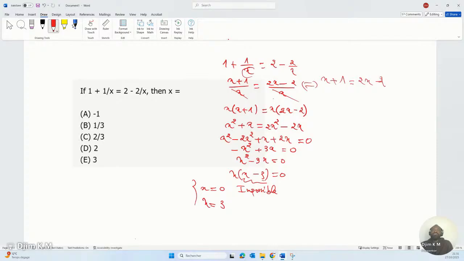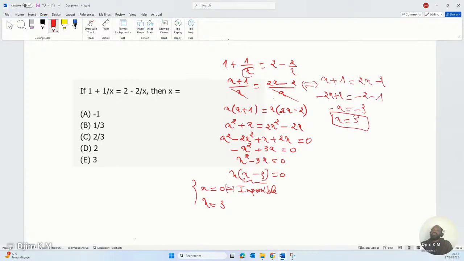And this would have given us minus 2x plus x equals minus 2 minus 1, minus x equals minus 3, so x equals 3. So we could have gotten the answer straight.